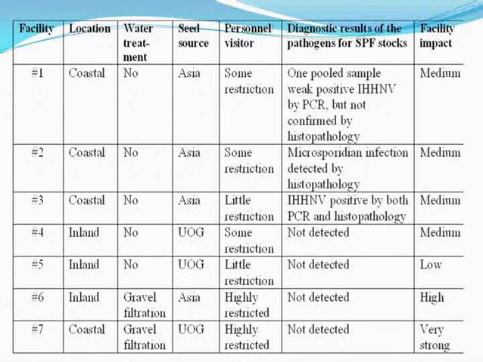A brief summary of key components in the biosecurity audit is listed in this table. During the biosecurity audit, shrimp samples were also collected from the 7 facilities in Guam and CNMI. Both PCR and histopathology diagnoses were performed by the Shrimp Pathology Lab at the University of Arizona.